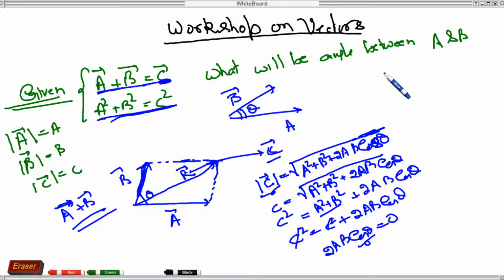I think you might be aware of this thing. This is the cosine graph.